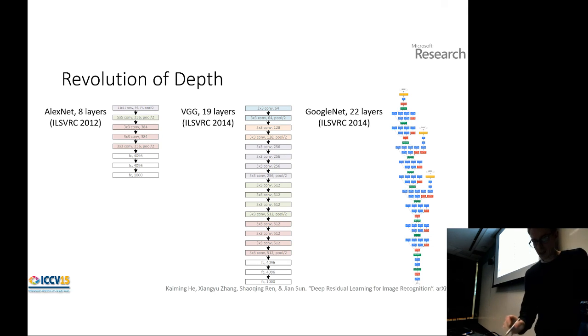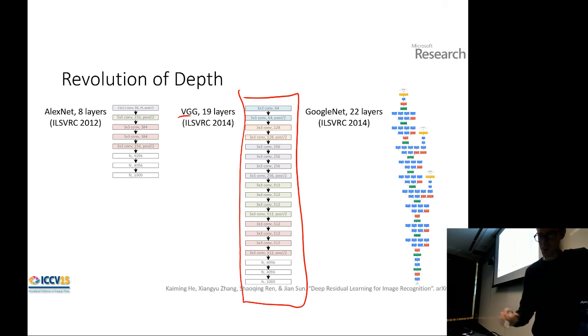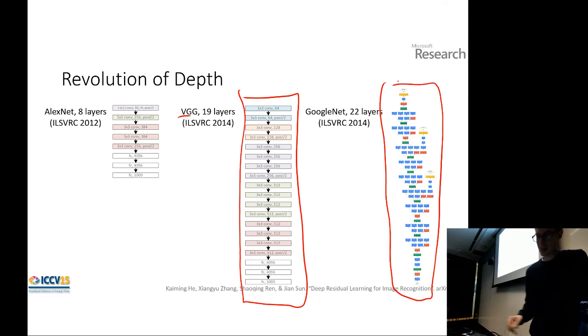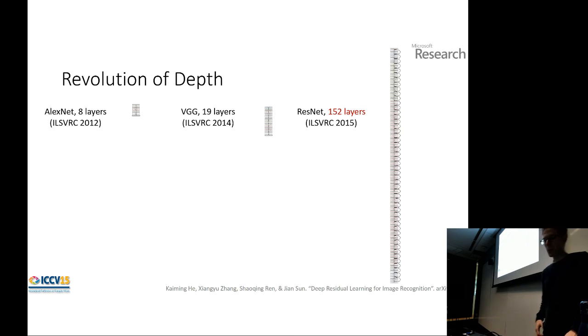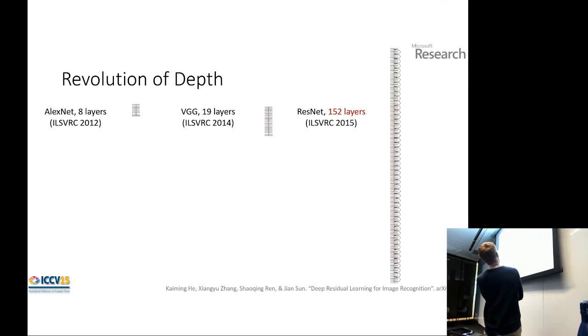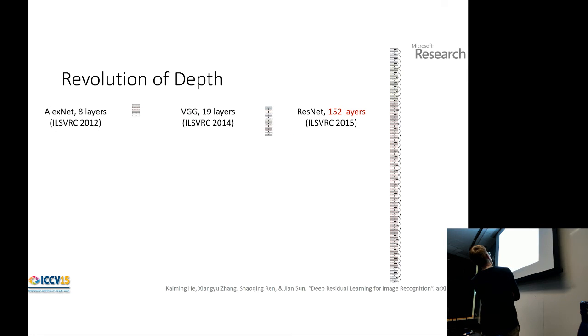So here, this is VGG. It had 19 layers, so now much deeper, but similar looking components. GoogleNet then had 22 layers. This was the same year in 2014. And ResNet made all of these look kind of tiny with 152 layers.